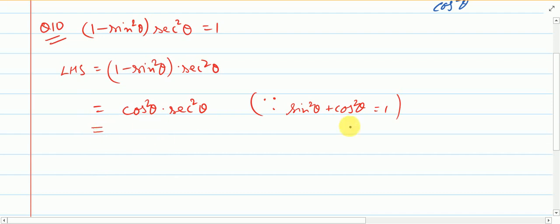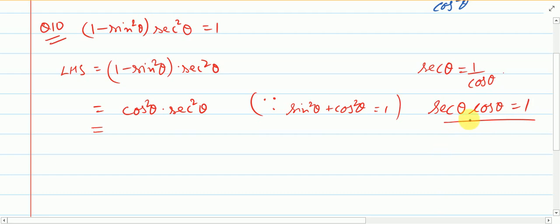And here you know that sec theta is reciprocal of cos theta. Yes, and I had told you that when you multiply sec theta and cos theta you always get 1. That means if you square both sides, still you get 1.